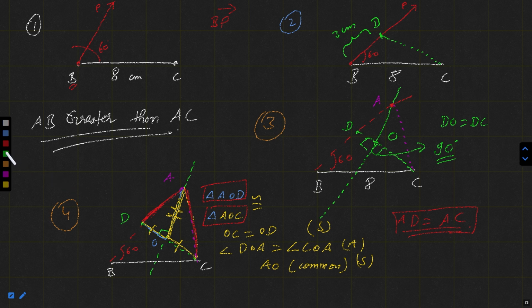Now if you see this whole triangle, I am outlining this whole triangle ABC.